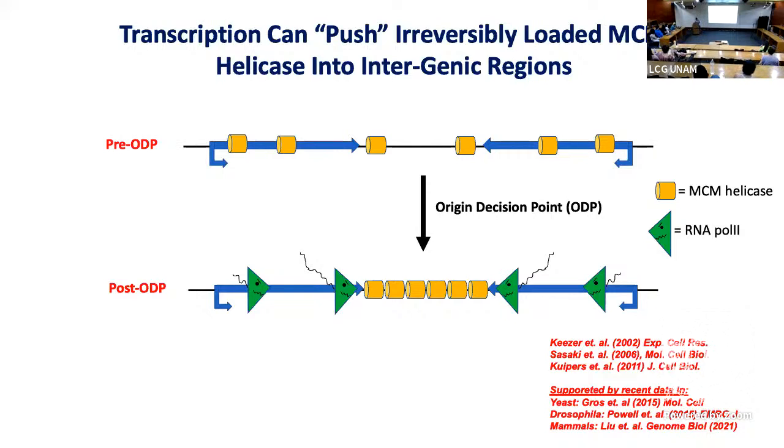But we also knew that the origin decision point was sensitive to transcription inhibitors, okay? So we proposed this model that as the MCM is loading during G1, when transcription comes on, it slides the MCMs out of the transcripts, okay?